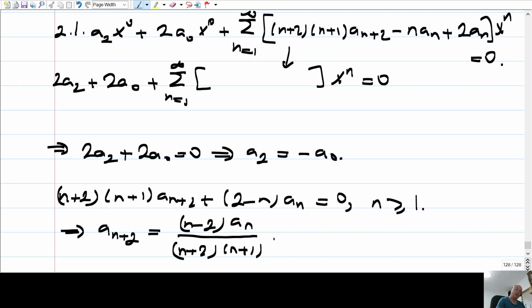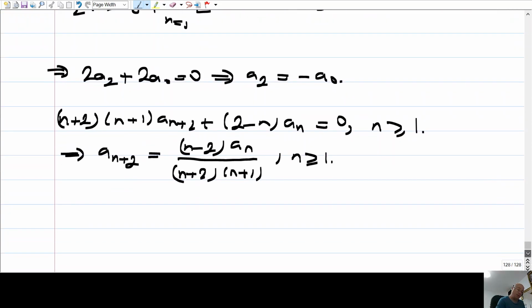For n larger than or equal to 1. Now I can compute all the coefficients. a2 is minus a0. And from this, if I plug n equals 1, I get a3. a3 is what? I plug 1. So I get minus a1, divided by 3 times 2, which is 6.